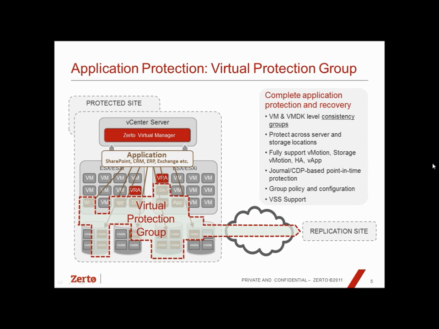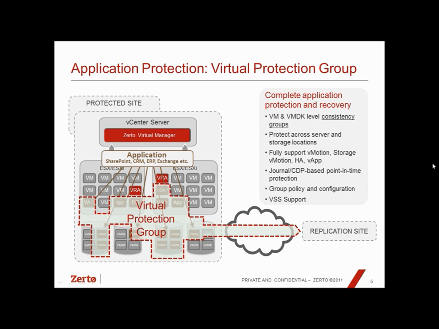The way the VPG works is that regardless of how many VMs comprise your application, whether it may be 2 or as many as 200, once those VMs are grouped within that virtual protection group, each and every one of those recovery points within our CDP history, down to that particular second that you may recover to, is write consistent across all of those VMs in that VPG, and the write order fidelity is maintained across all of those VMs within that VPG as well.